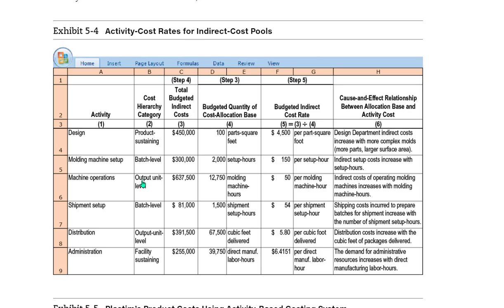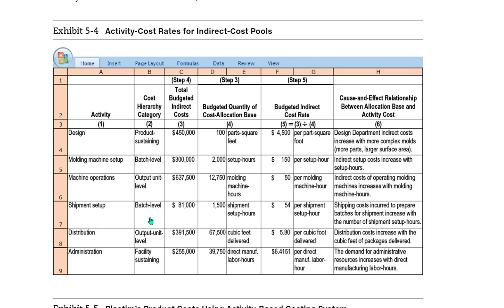Okay. Now output unit level cost, because for machine operations you do it for each item that comes through the machine, and there's our total cost divided by the allocation base gives us our cost per. That's our rate. Okay. Shipping is a batch level cost here. Shipping costs incurred to prepare batches for shipment. Okay, apparently this product doesn't get sold and shipped one piece at a time.